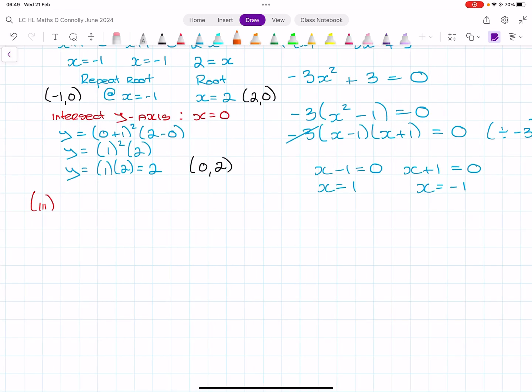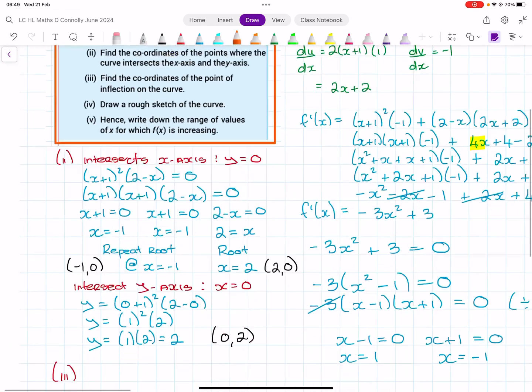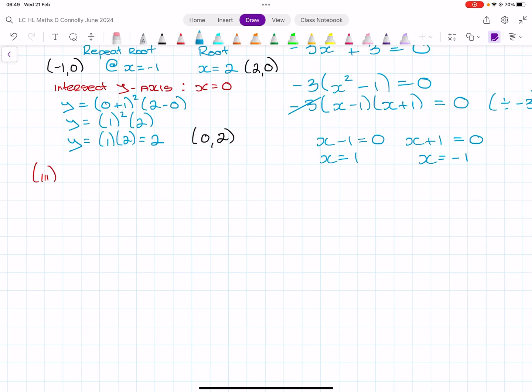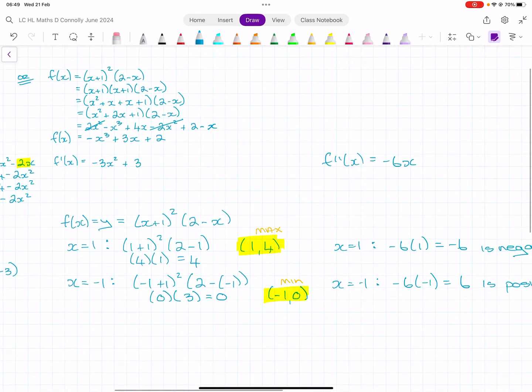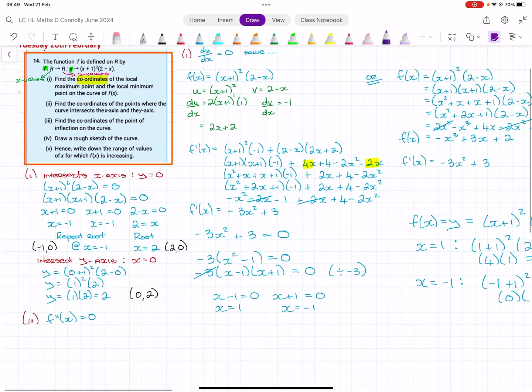Right. So we're going to find the coordinates of the point of inflection. To find the point of inflection, we let the second derivative equal 0. Now I did the second derivative. Second derivative is over here. So minus 6x.